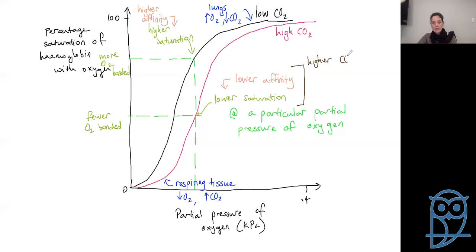So we have a higher CO2 level, we have a higher oxygen demand. Therefore, we want to be able to have a lower affinity, a lower saturation, because that means we are releasing that oxygen. So those oxygen molecules are no longer bonded to the hemoglobin, and they are free to be used then by the cells in respiration.